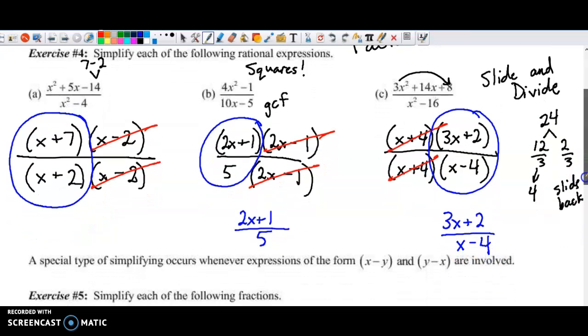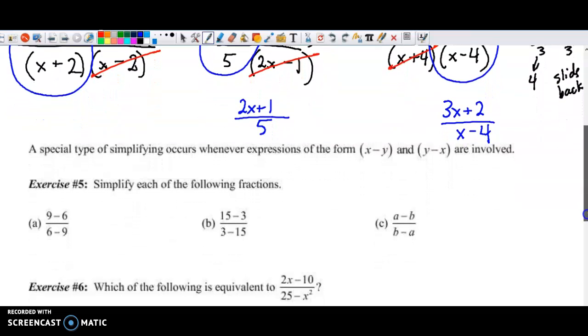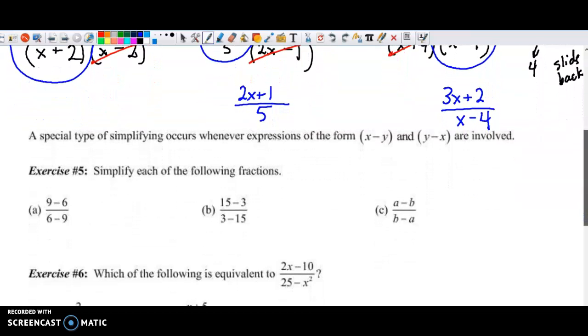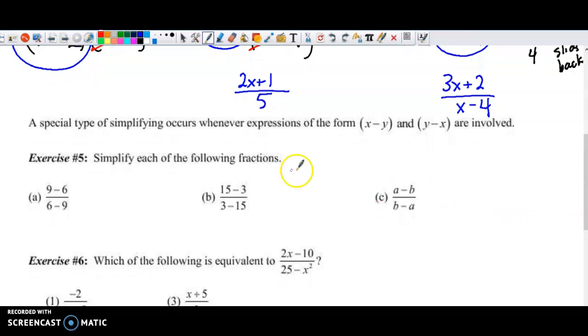So it's definitely getting trickier, and I do apologize if I'm making this seem a lot easier. With this next one, we have just a special type of factoring, and just think about it for a second. What's going to happen? I don't know if I just need to explain it to you or just show you a few examples, and that's what they have you doing here. But notice one's 9 minus 6 and then 6 minus 9.